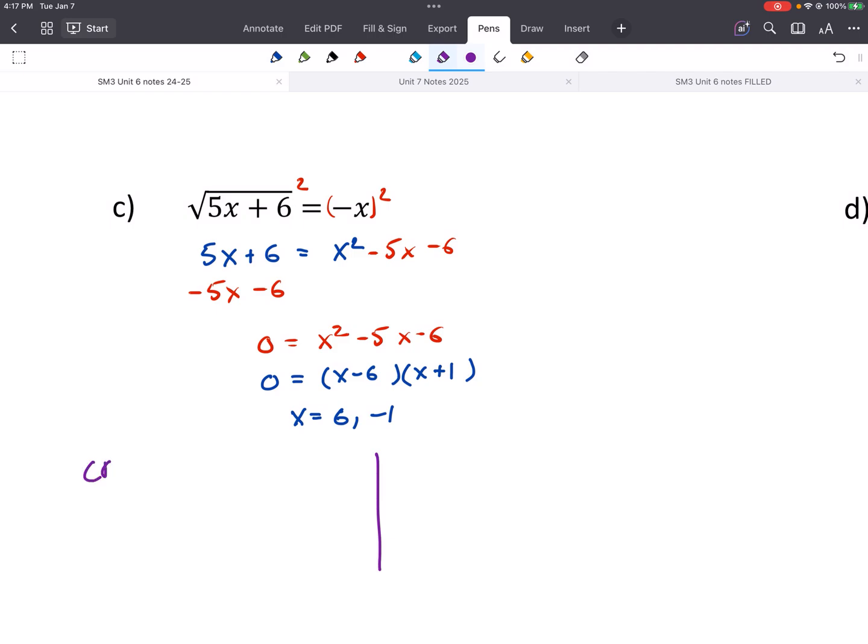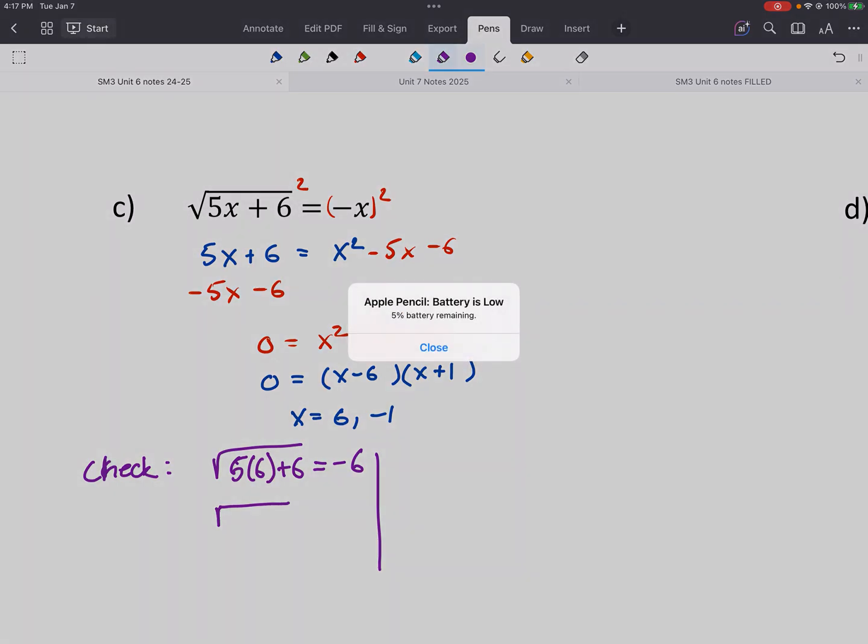So for our check, we would plug in 6. And again, you could use your calculator. You could put that into your calculator and you can check. I'll just be doing it by hand here.